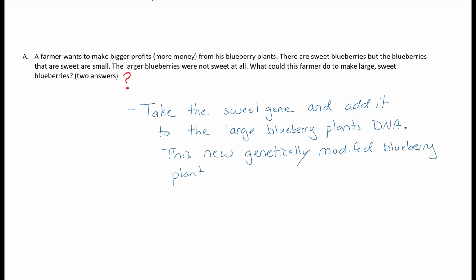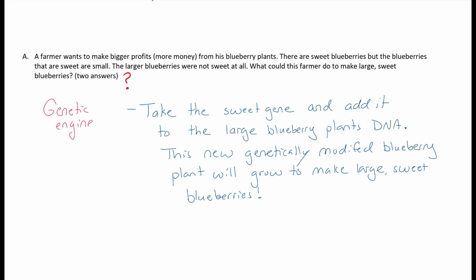This genetically modified blueberry plant will now produce not only large blueberries, but sweet. You'll have a hybrid plant, or a genetically modified blueberry plant. This process, you guys know now, is genetic engineering, gene splicing, also called bioengineering.